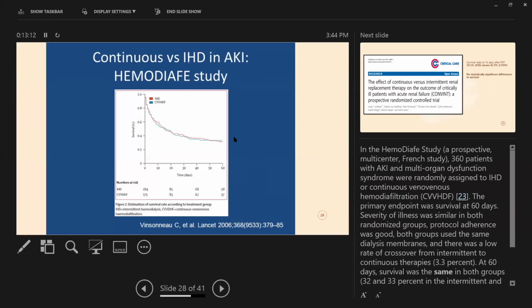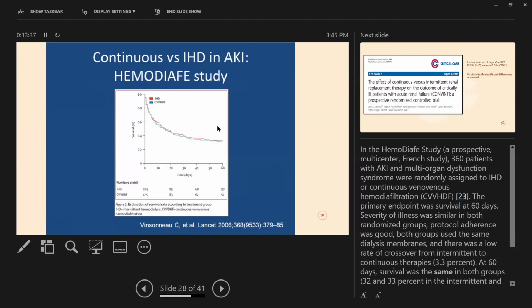Meanwhile, this study is the Hemodiafe study in France. It involves 360 patients with AKI and multi-organ dysfunction. They were categorized into groups receiving IHD and CVVHDF.